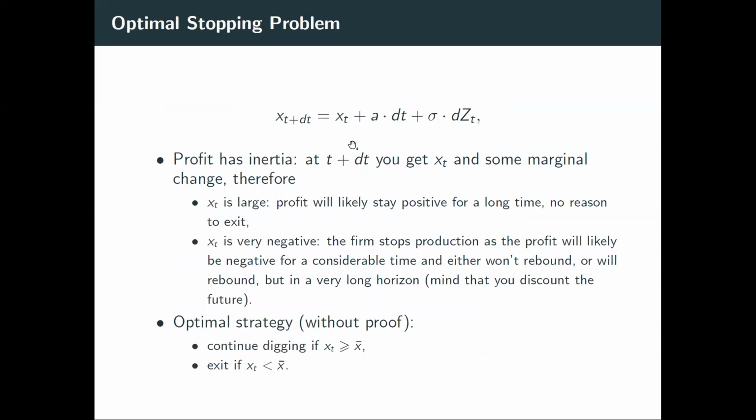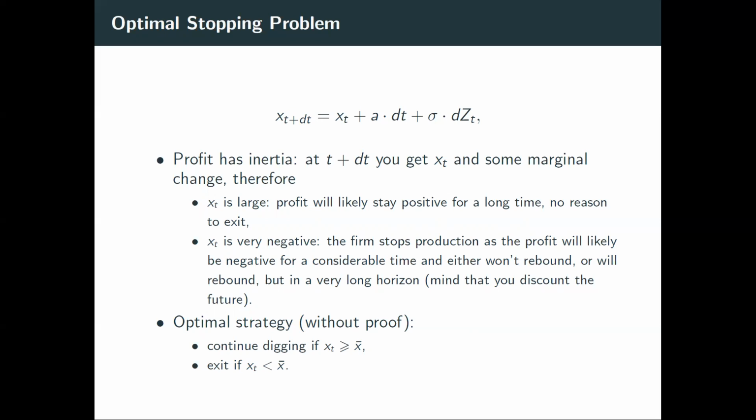Let us go back to the definition of this Brownian motion. dxt is just the sum of these two terms. When we need to take the expectation of the square of some random variable, remember that the variance of a random variable is equal to the expectation of the square minus the square of the expectation. That's a standard formula.